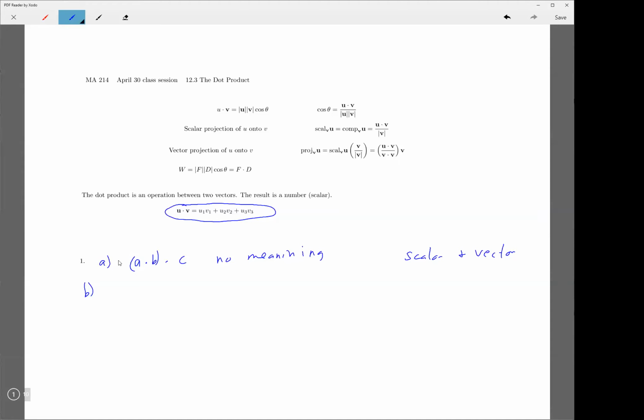Okay, what about part C? So B was this, and C is this right here. Anybody want to take a crack at part C?